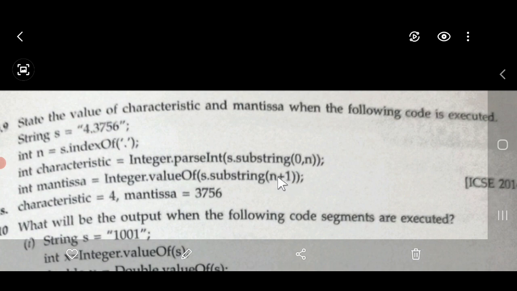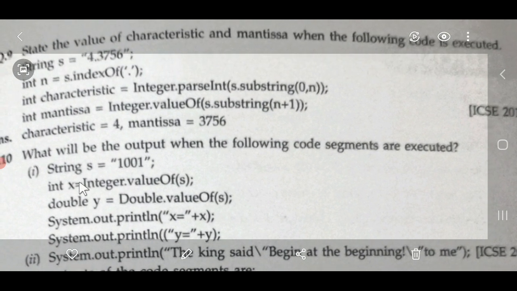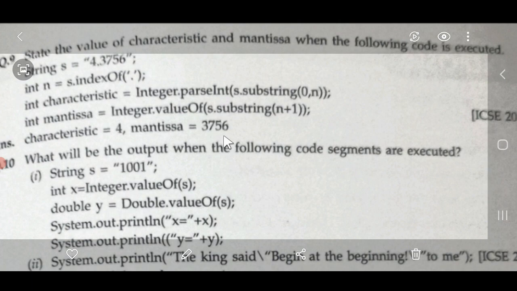Only one argument of integer type is given. n was 1, where the decimal point was found. So after that, whatever is there, 3756, will be stored in the mantissa. I hope the working of indexOf is clear. So characteristic is 4 and mantissa is 3756.